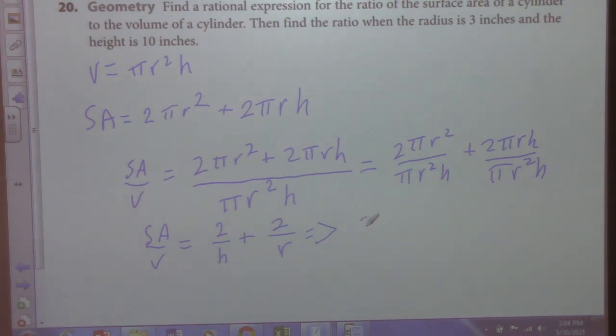So we have 2 divided by 10 plus 2 divided by 3.